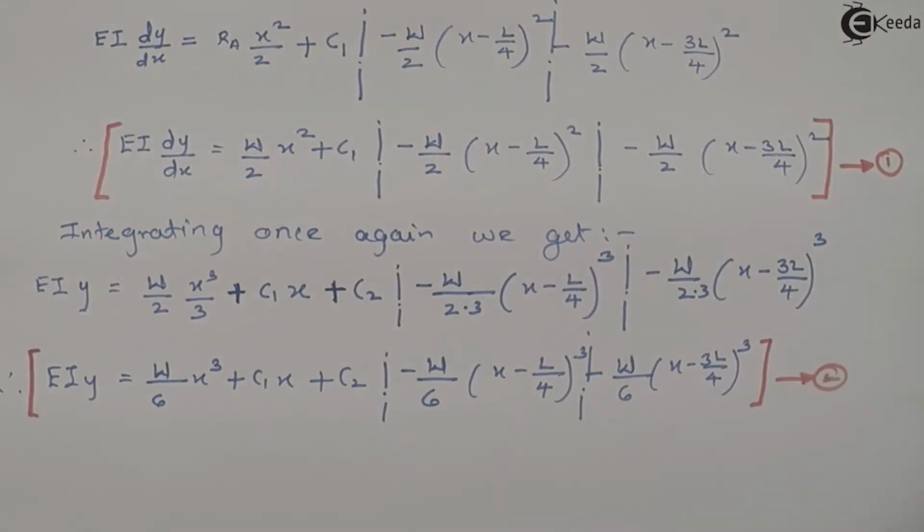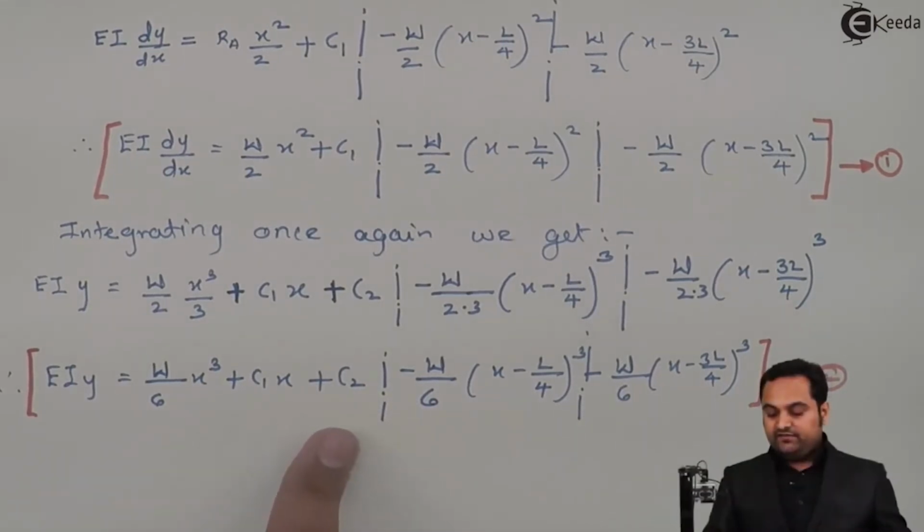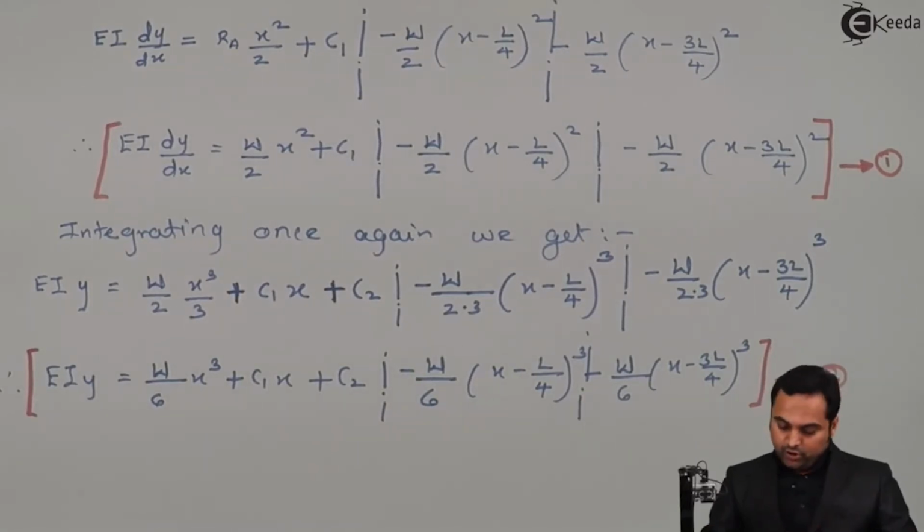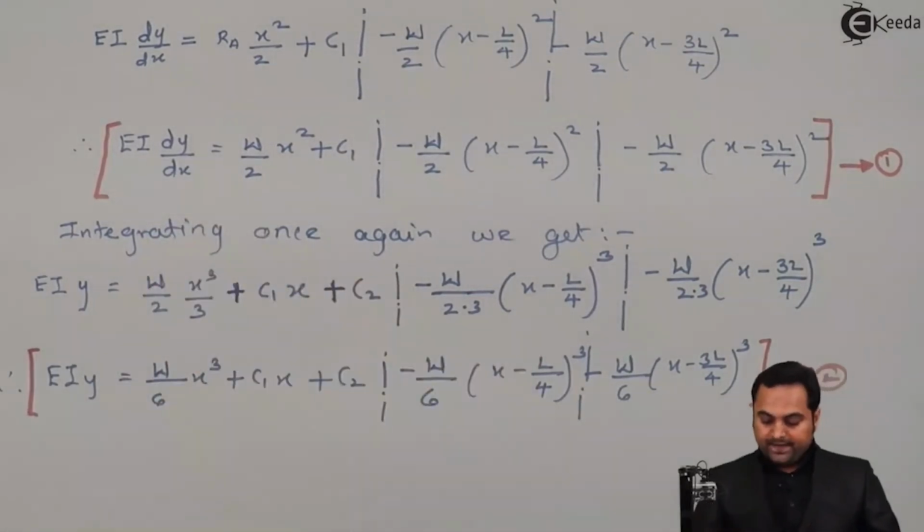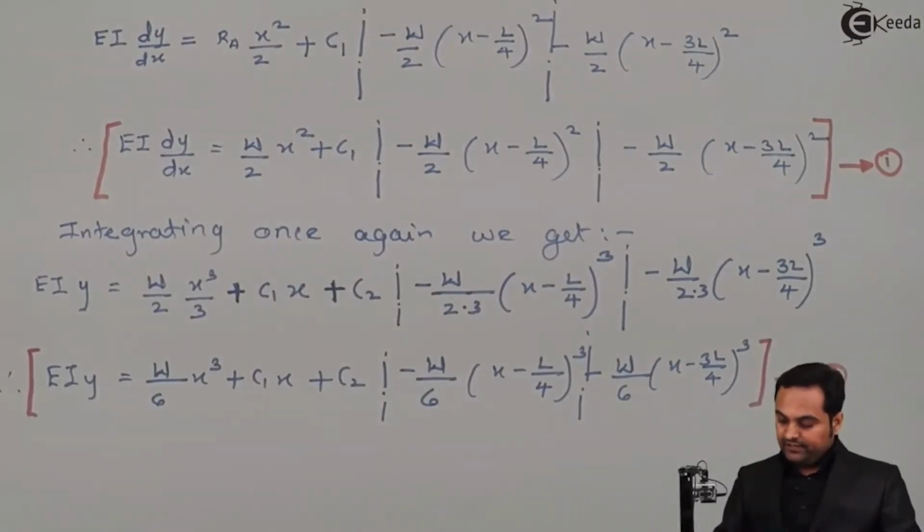Now after getting equation first and equation second, we need to know the values of constants C1 and C2. Because once we have the values of C1 and C2, then we will get the complete equation of deflection and slope, and then we can find the remaining unknown values.